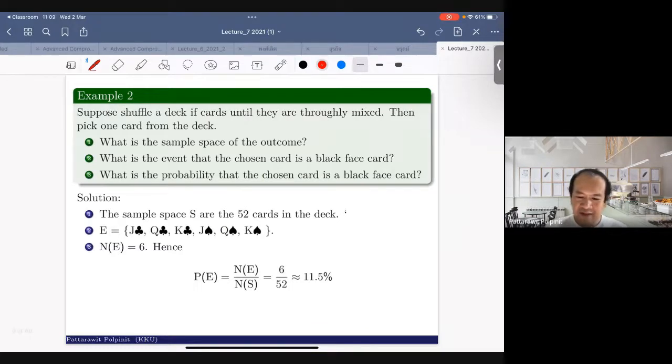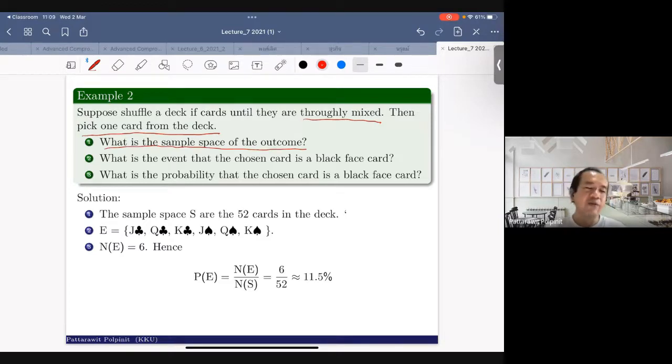So let's say that you have a deck of cards that is truly mixed, and you pick 1 card from the deck. What is the sample space of the outcome?